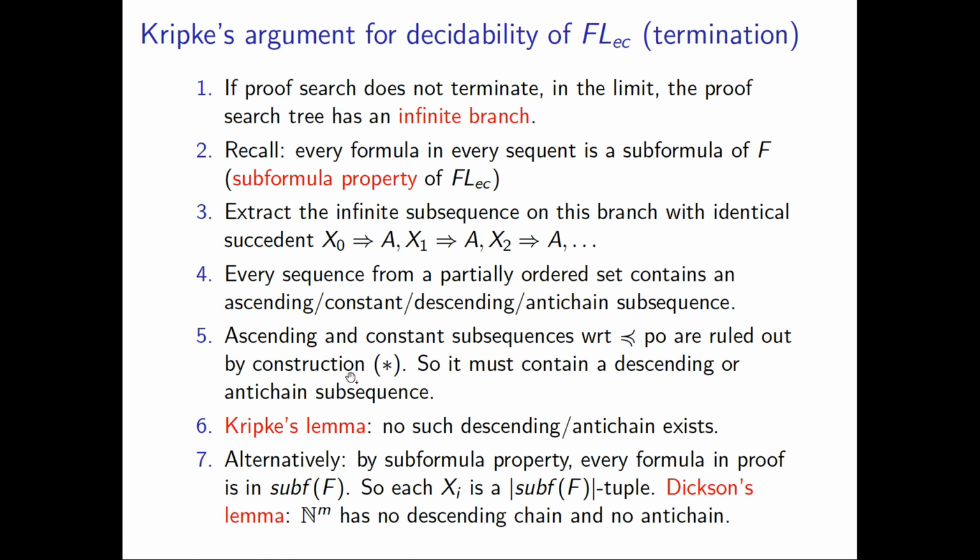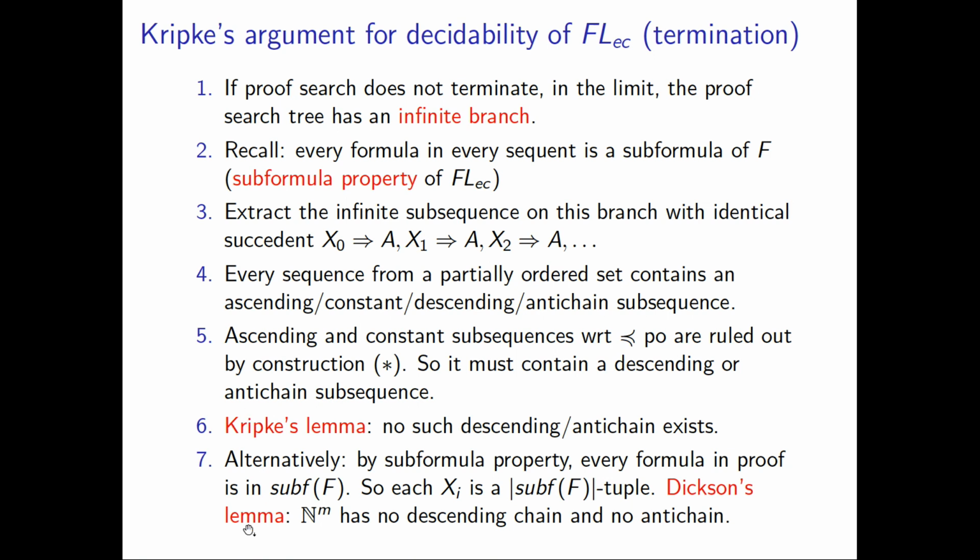We have seen from the proof search construction, and the star side condition, that ascending and constant subsequences have been ruled out. Therefore, this subsequence must contain a descending or antichain subsequence. And Kripke's lemma shows that no such descending or antichain exists.